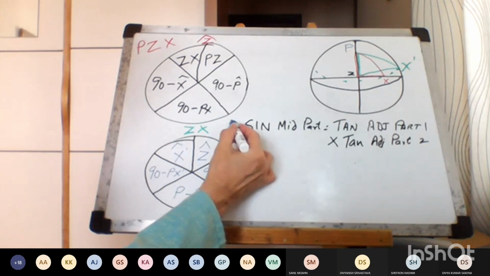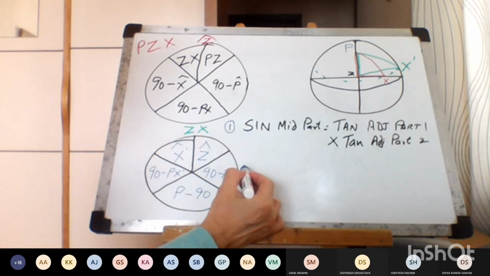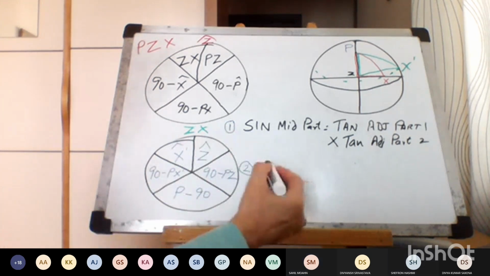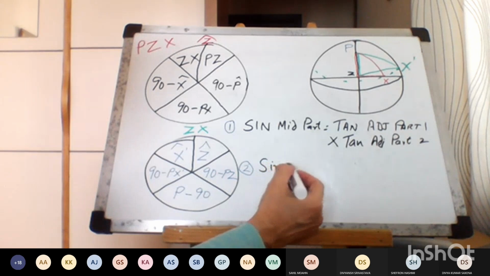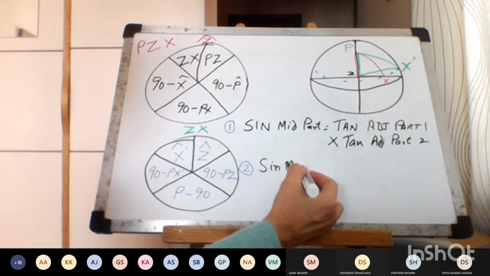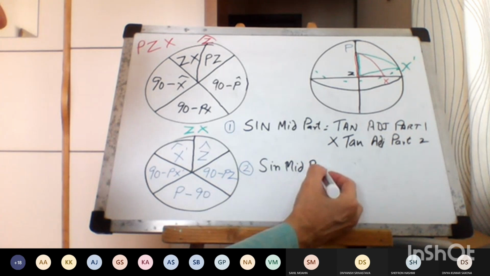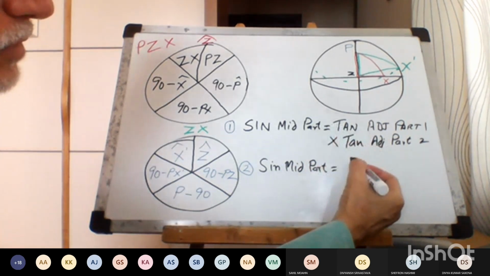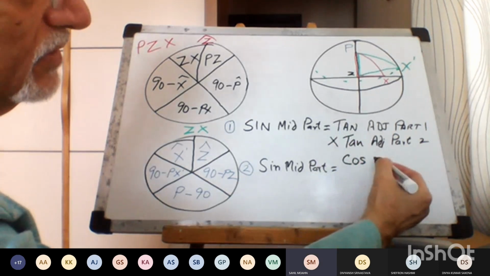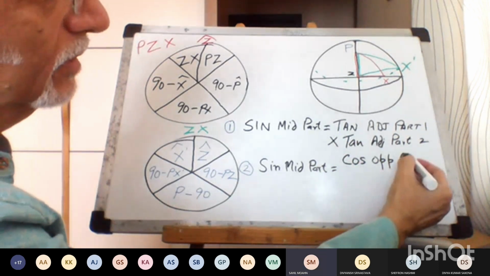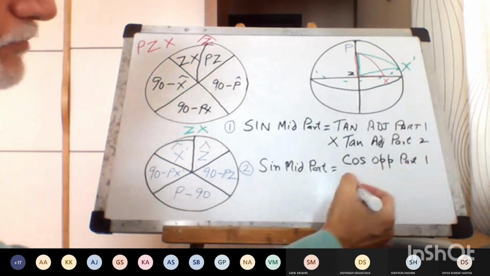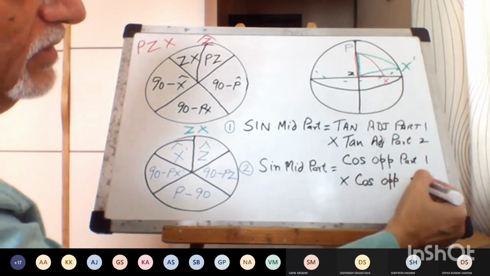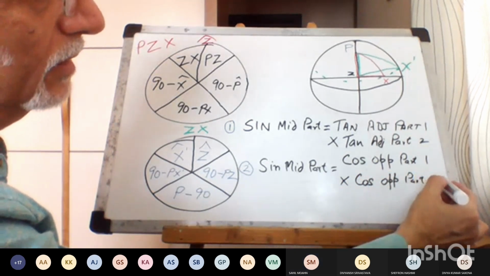This is one. And there is another formula. Yes, so sine mid part. I hope all of you are drawing and writing whatever you're supposed to do. You are all grown up enough. I don't have to tell you what you're supposed to write and what you're not supposed to write. Sine mid part is equal to cos opposite part 1 multiplying cos opposite part 2.